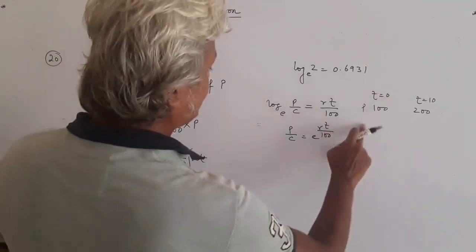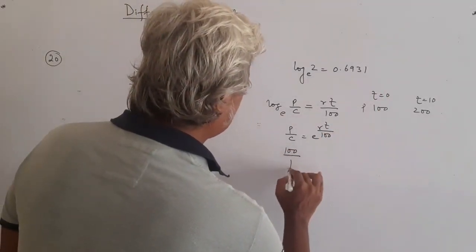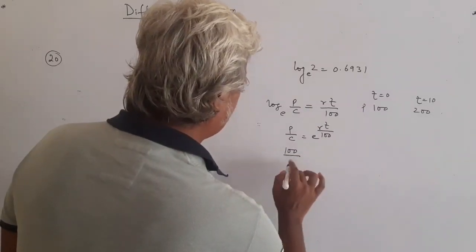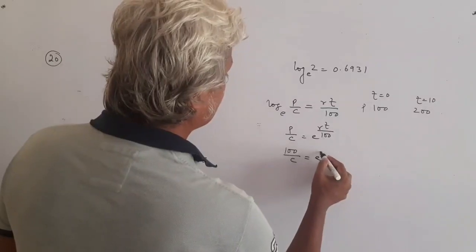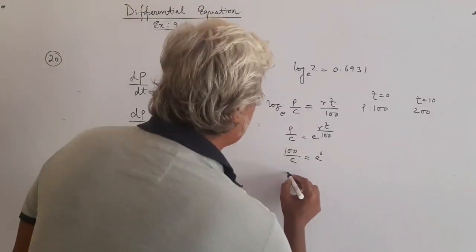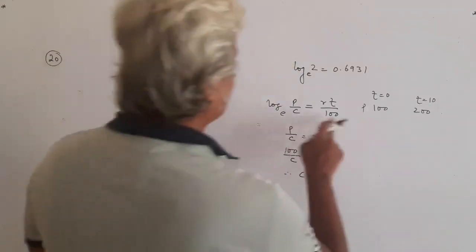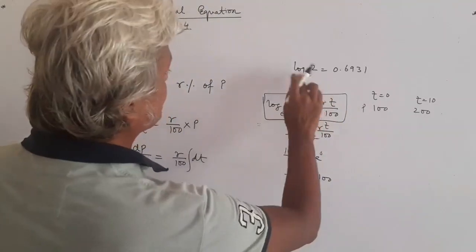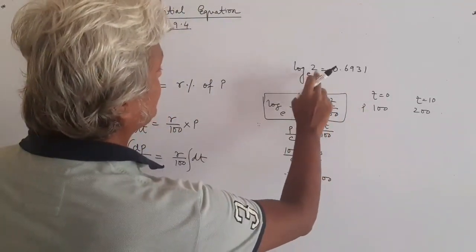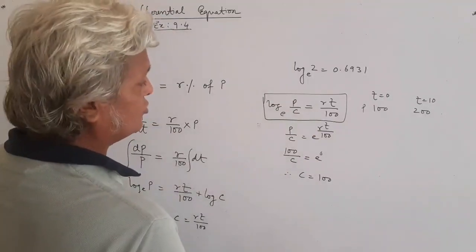So now I put t as 0 here, then I get 100 upon C equals e to the power 0, that is 1. Therefore we get C equal to 100. So our relation now becomes this one. Why are we using this? Because we are given something in terms of log 2, so it has to be in terms of log 2.